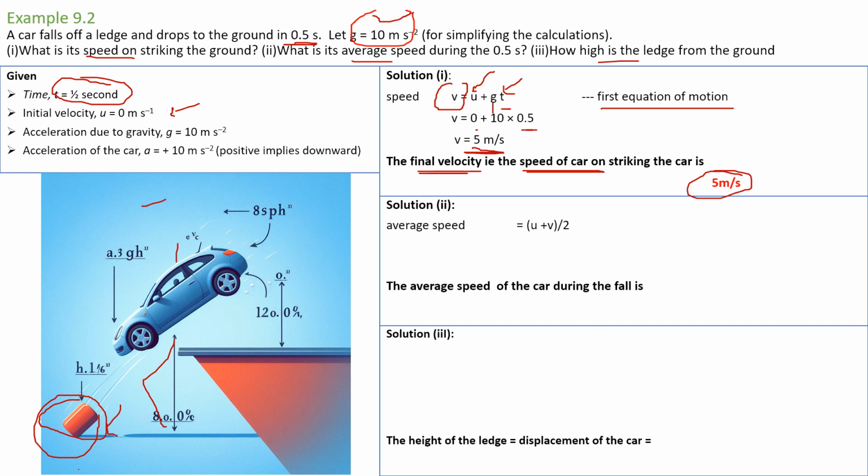All right, second, what are they going to ask? They are asking us the average speed of the car. I'm repeating again and again: the speed of the car is not constant. The acceleration of the car is constant, which is 10 meter per second square, but the speed of the car is not constant.